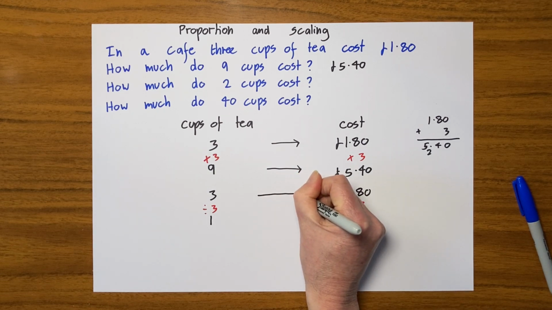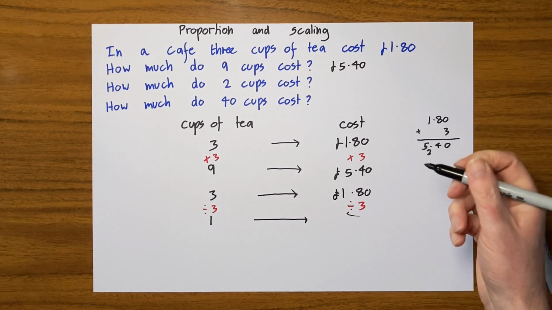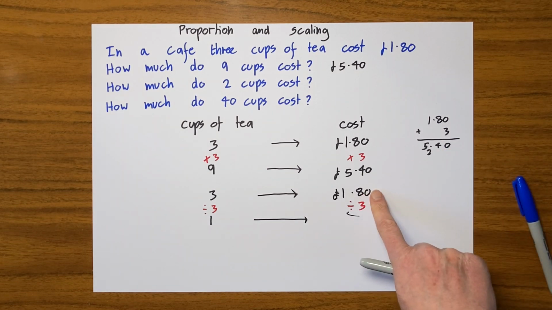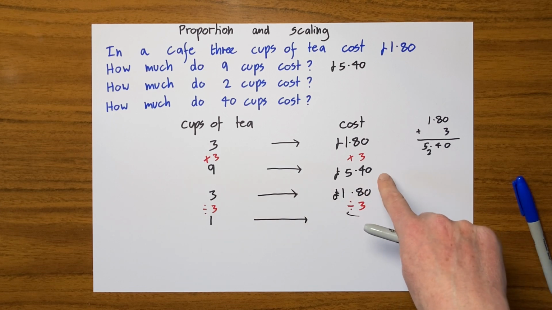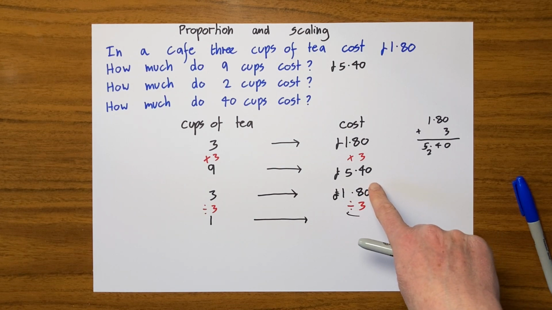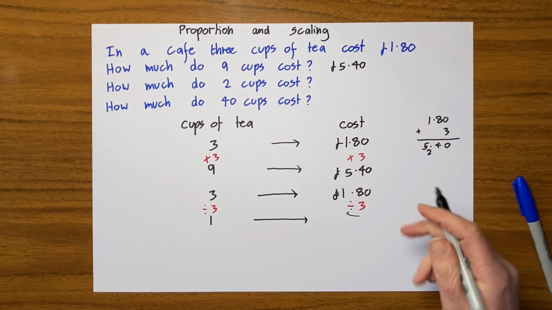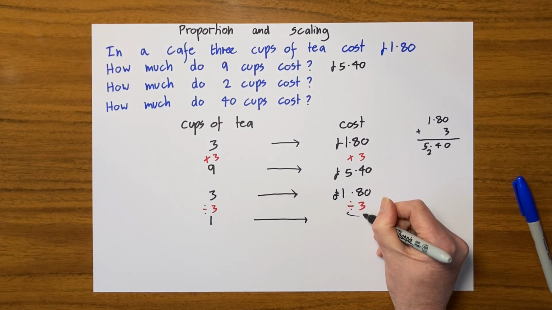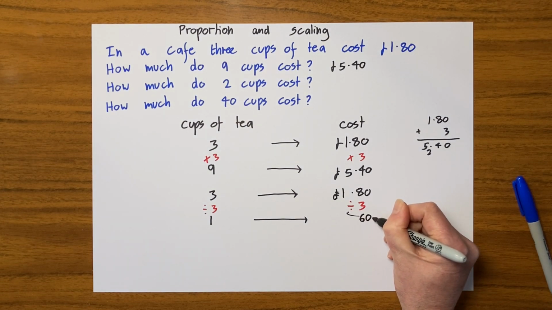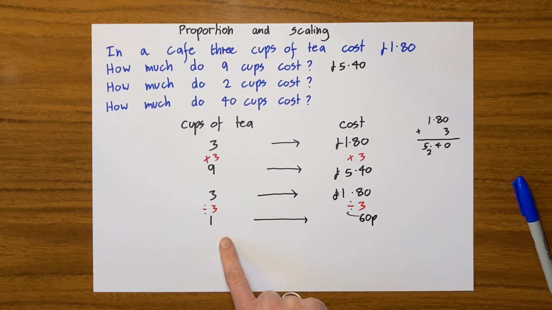Now, I hope that you can recognise that that's the same as 18. How many 3s in 18 is 6. So how many 3s are there in £1.80? It must be 60. So if I've got £1.80 and I split it into 3, I will have 60 pence, or 0.6 of a pound. So now I know that 1 cup costs us 60 pence.